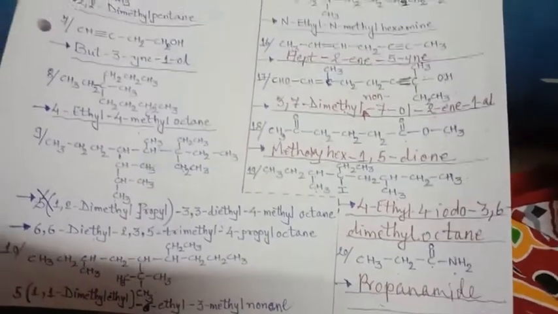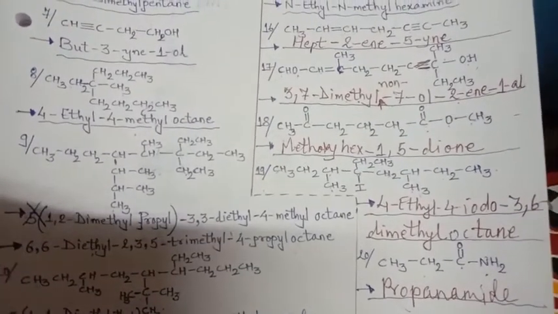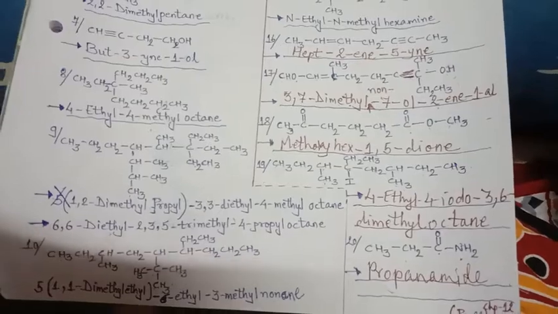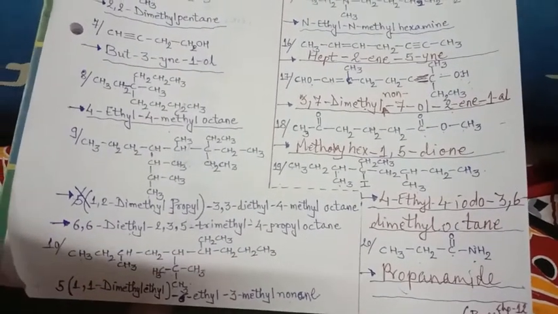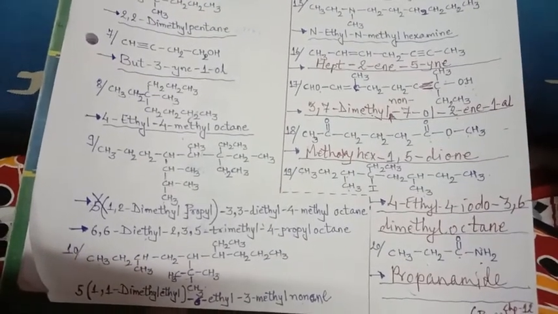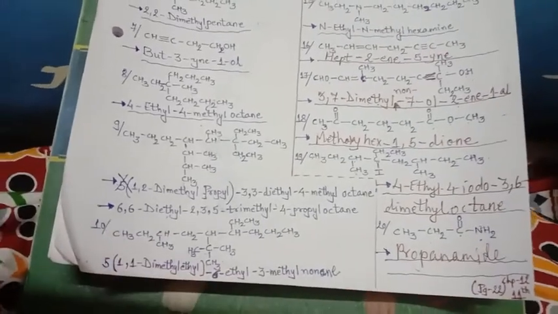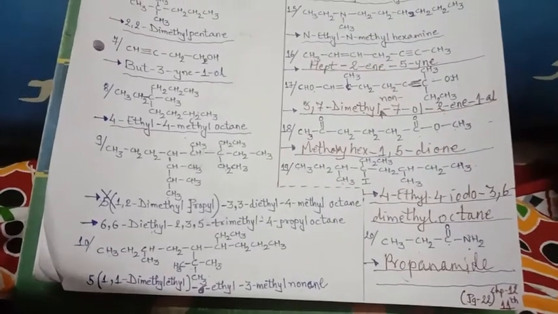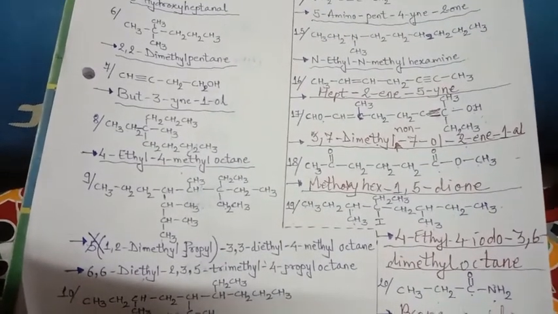So these are the names, and those who have written, please check whether your names are correct or not. I received 2-3 students' answers, and I am very thankful and very happy that they have written all the names correct, right? Now please practice, and let us now discuss some more rules.